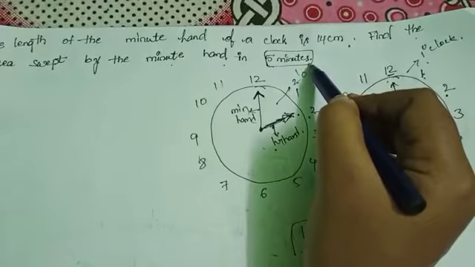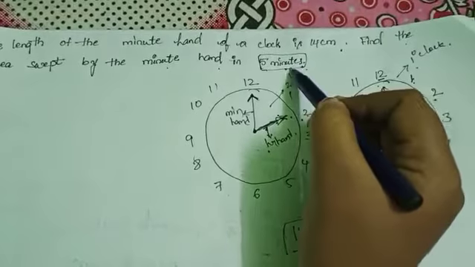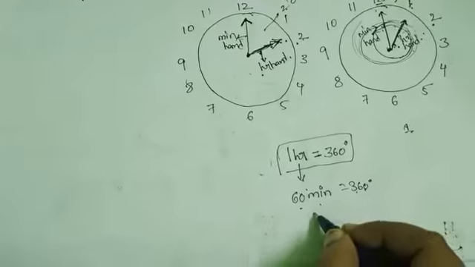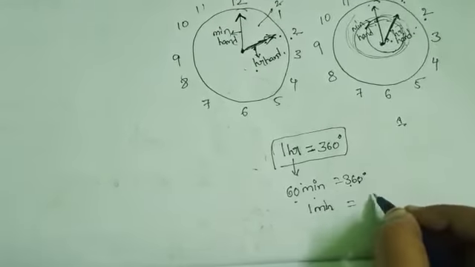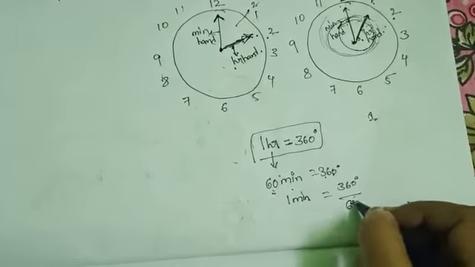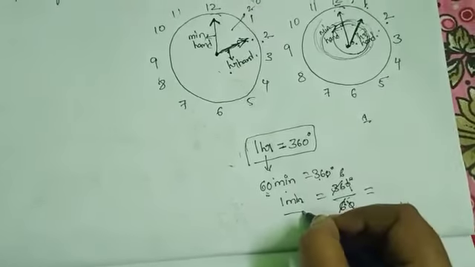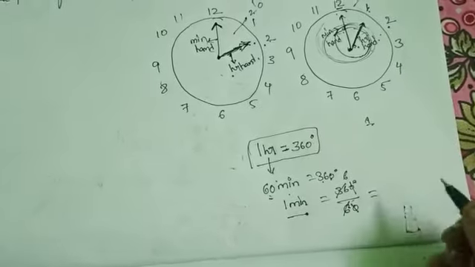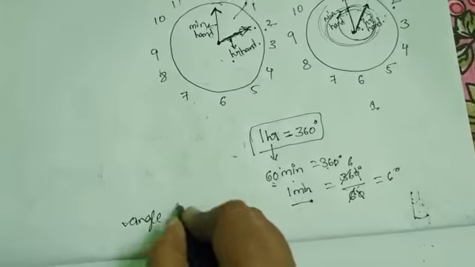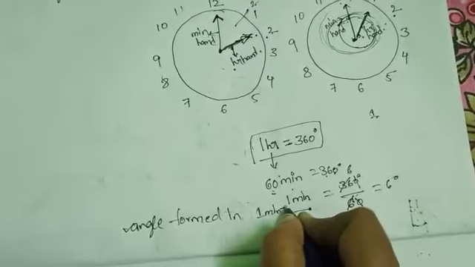Then 1 minute equals 360 degrees by 60, which is 6. So the angle formed in 1 minute equals 6 degrees.